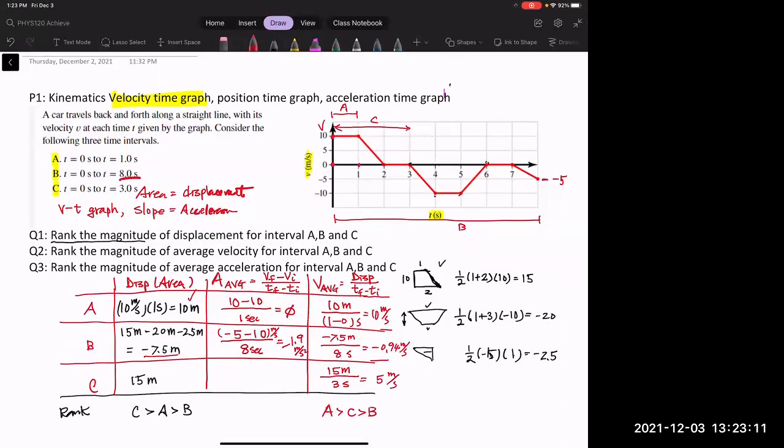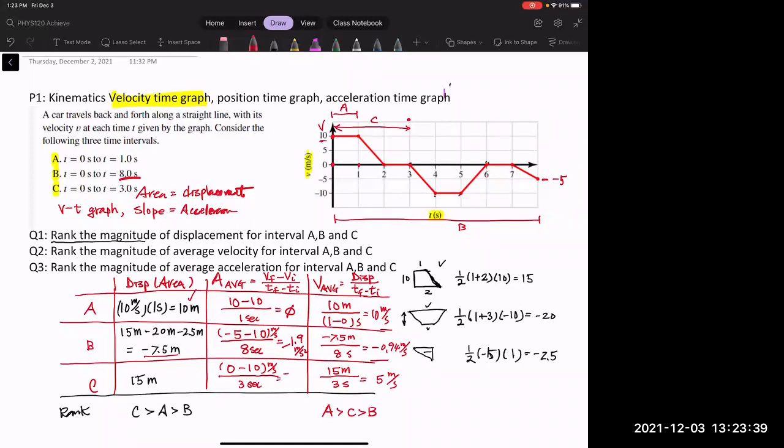Same thing for the C. Think about this by yourself. Can you write this down? What will be the final one? C is here. This is the final, and final is 0. And starting is 10, so 0 minus 10, and you divide by 3 seconds.